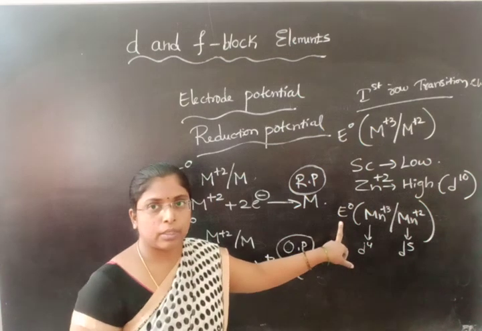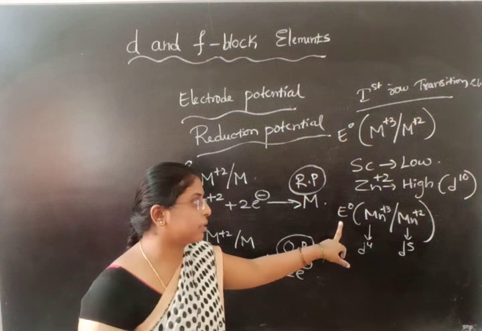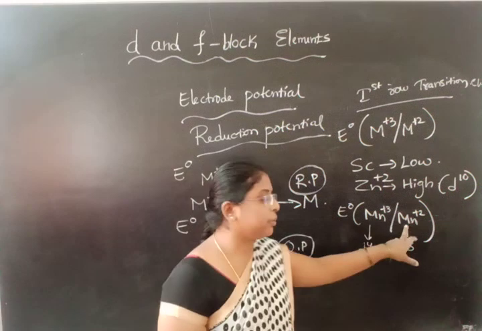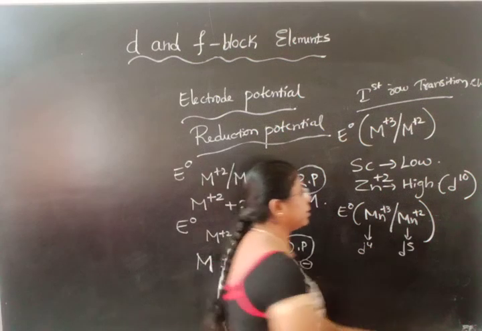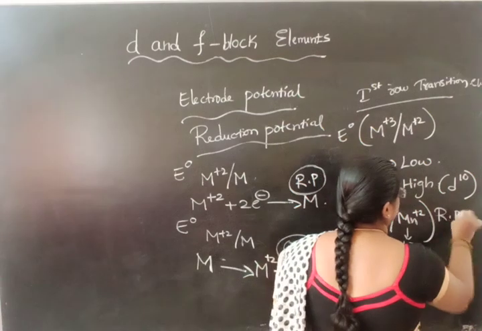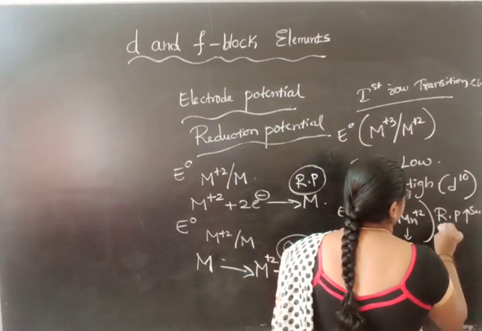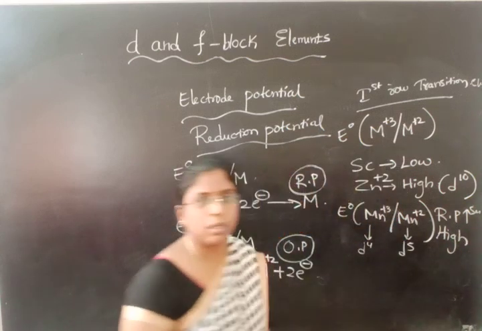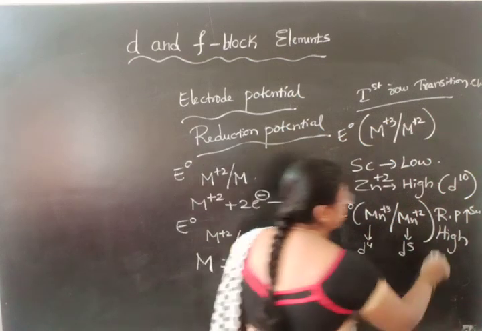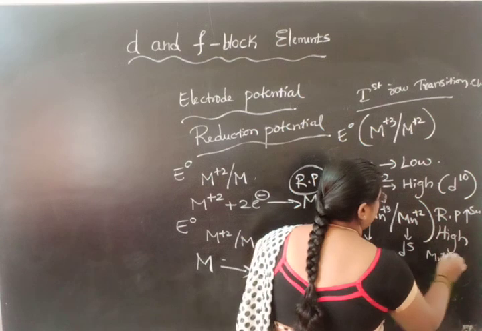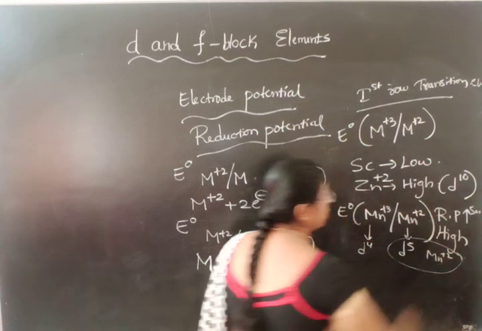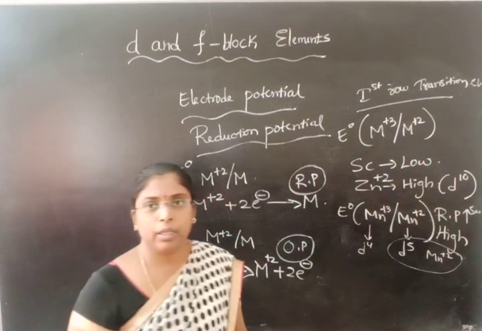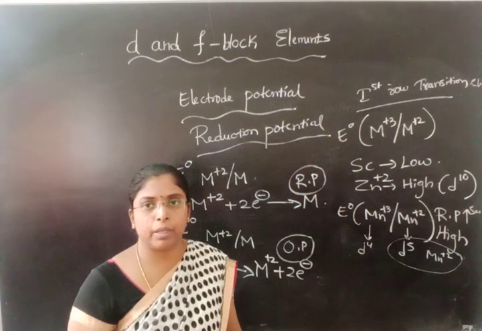Its reduction potential increases from Mn plus 3 to Mn plus 2, and it has a high reduction potential, because Mn plus 2 attains a stable half-filled configuration, hence its reduction potential is very high.